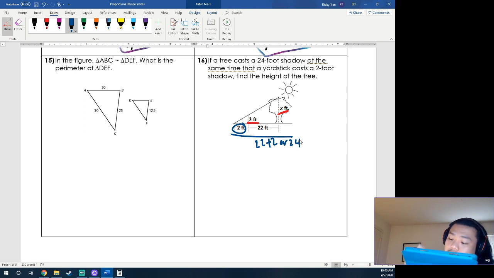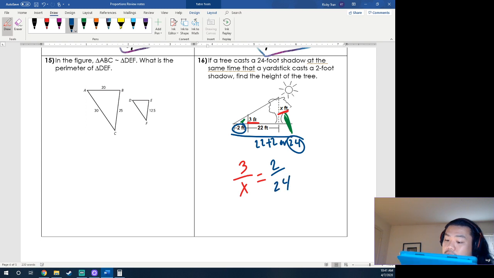So now we can set up our proportion. So we have 3 over x, which is equal to, again, 3 and 2 have a relationship because they're from the small triangle. X and 24 have a relationship because they're from the big triangle. All right, so 2 is going to go on top, 24 is going to go on the bottom.